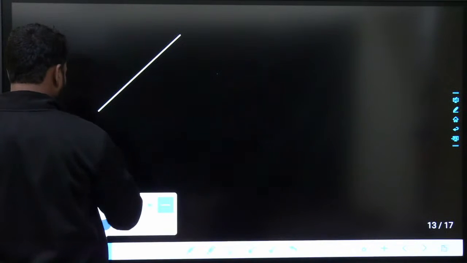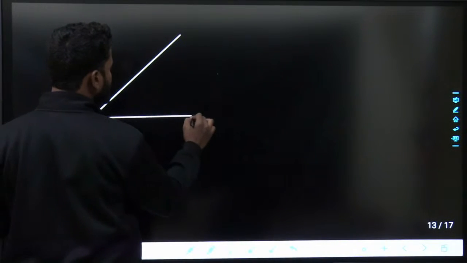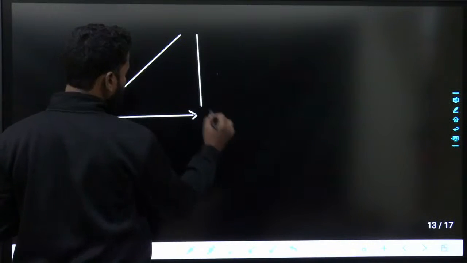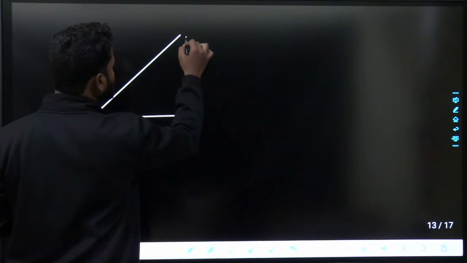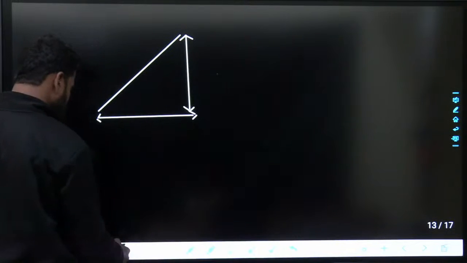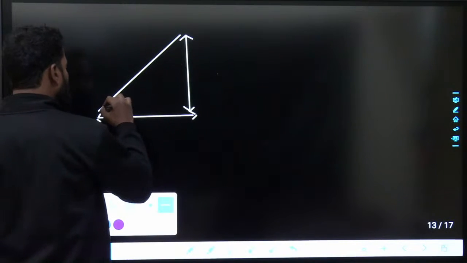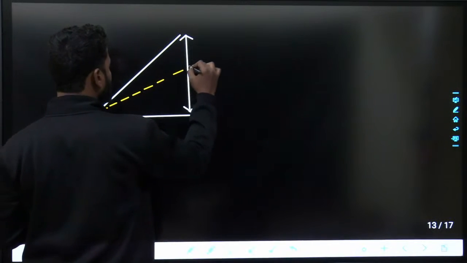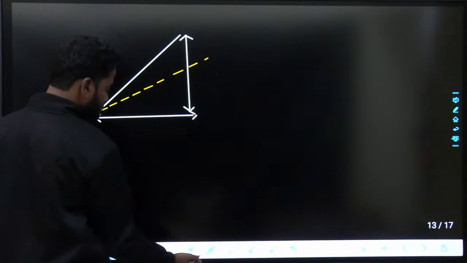Very much clear? If this is the line and the horizontal distance is 1 meter and the vertical distance is also 1 meter, and I am providing a theta like this, I will zoom it.